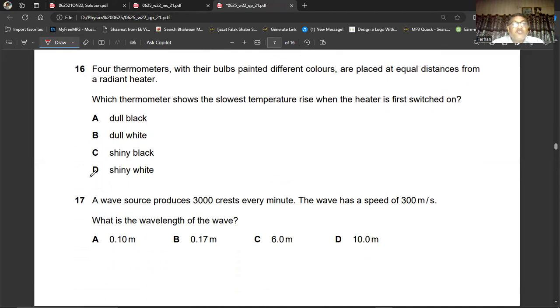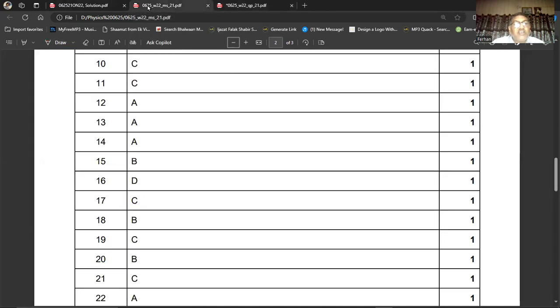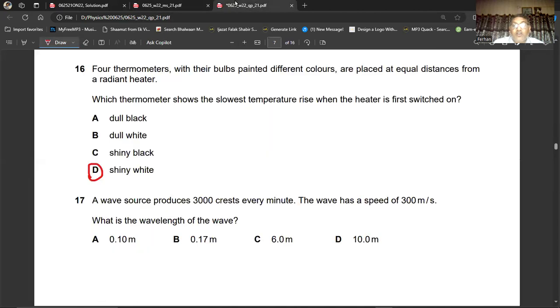So this thermometer will show the slowest temperature rise, because the shiny white surface on the bulb is the worst absorber of the infrared rays. So it will show the least rise in the temperature. So I think question number 16, D is the right option.